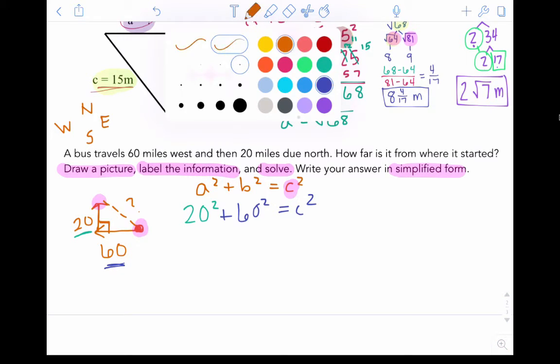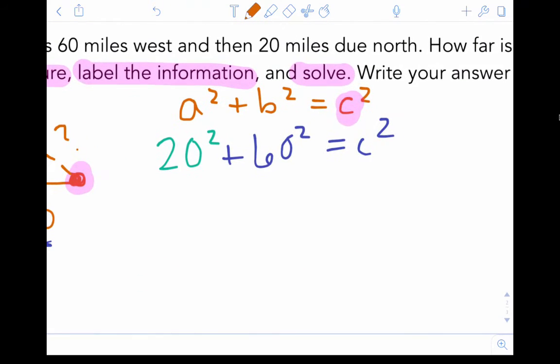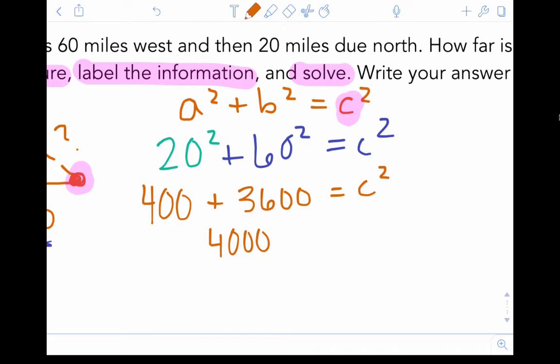So now I'm just going to go through and I'm going to solve this. 20 squared, 20 times 20. Well, I know that 2 times 2 is 4, and then I'll have 2 zeros. And then 60 squared, well, I know 6 times 6 is 36, and I'll have 2 zeros. And then this is equal to c squared. 400 plus 3600 is going to be 4,000. That's equal to c squared.